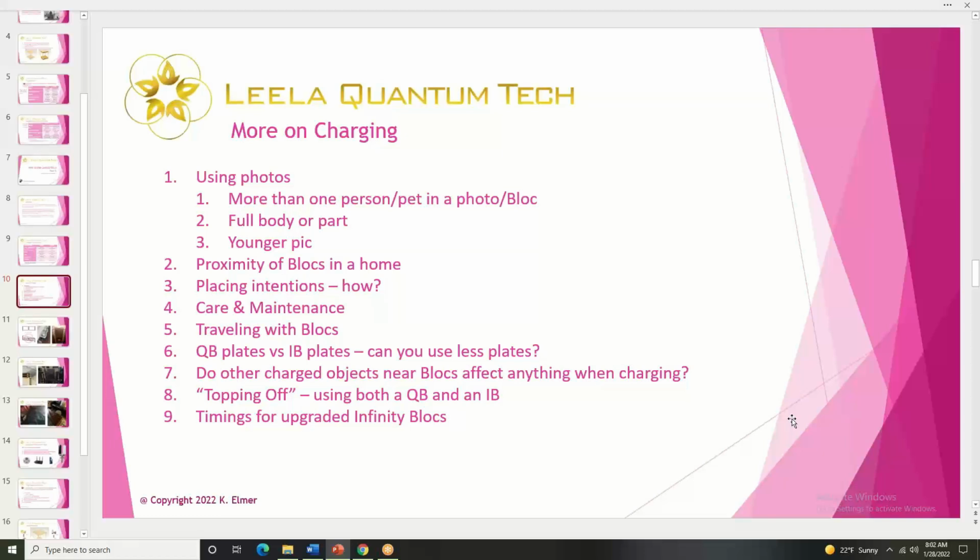So if you want to charge yourself or help someone today with something that's going on now, then always take a most recent picture. You don't have to take a new picture every day, right? That's not what that means.